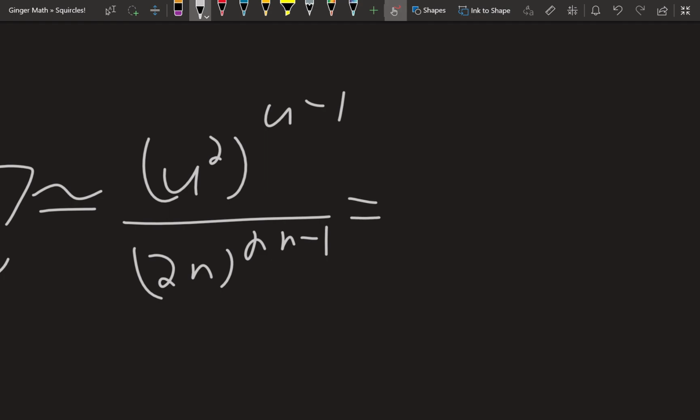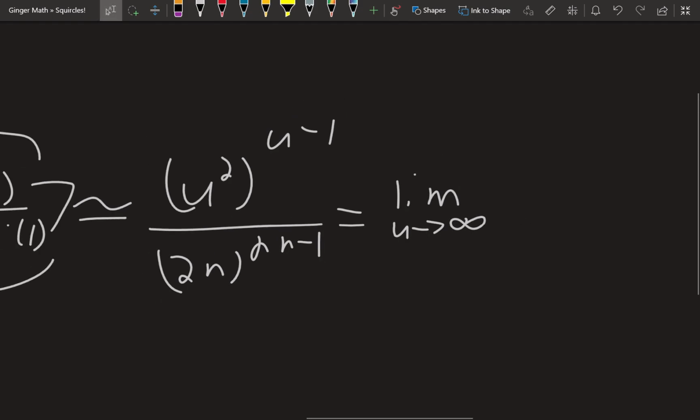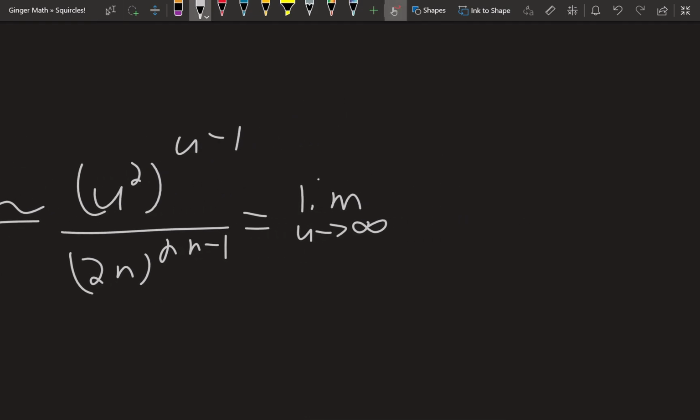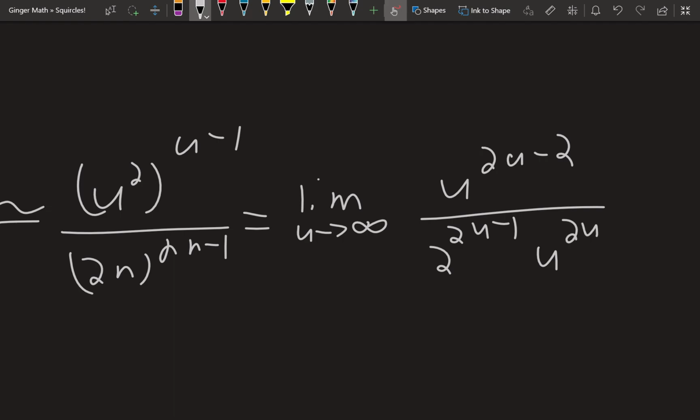So what we're going to do is use properties of exponents at this point. The limit as u goes to infinity of u to the 2u minus 2, sorry, minus 2, doesn't really matter actually, and then in the denominator we have 2 to the 2u minus 1 and then a u to the 2u minus 1.